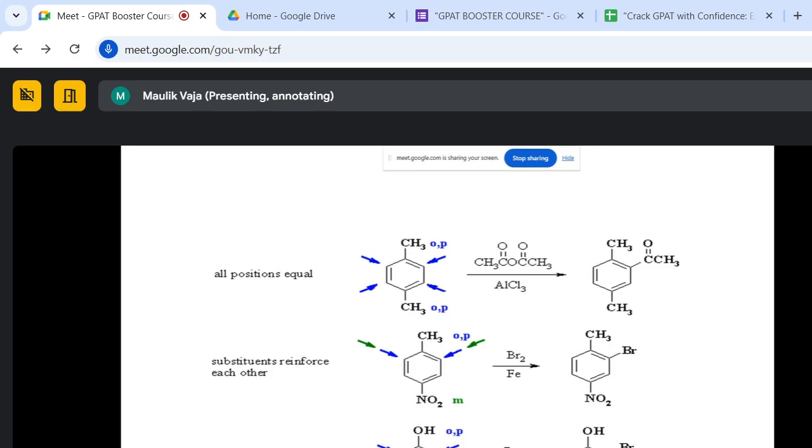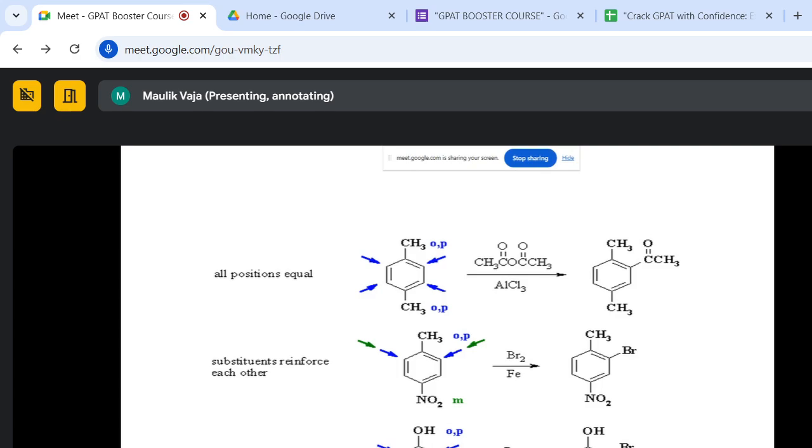So ortho attack is possible, and there are two chances. The incoming group, like bromine here, can go ortho to OH as well as ortho to methyl. But as OH is a very strong activating group because of its electron donating nature, OH will become the directing group and the product will be ortho to the OH group. So you will get this product.